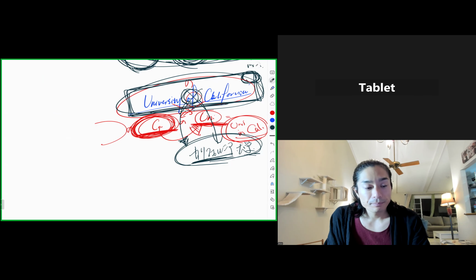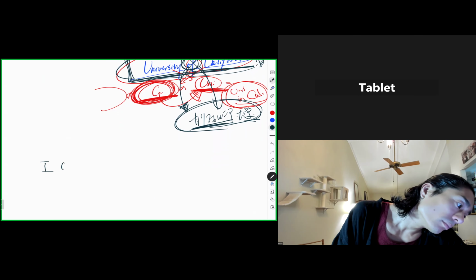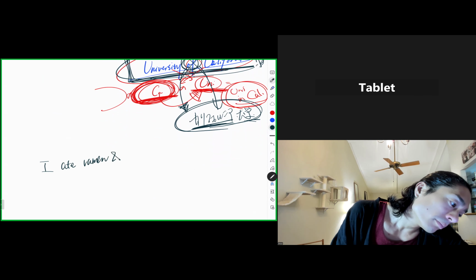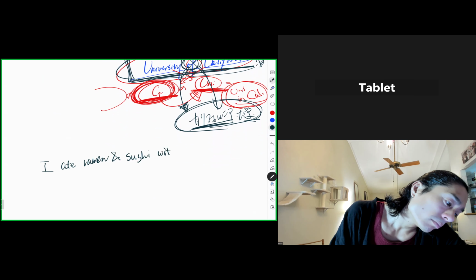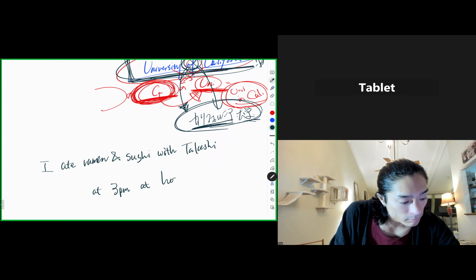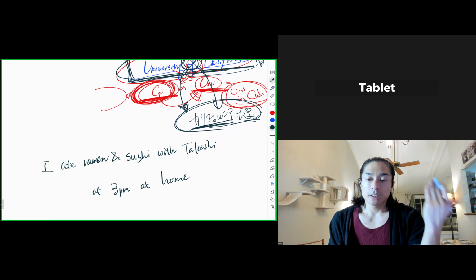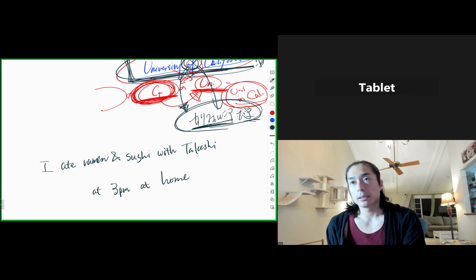I'll show some examples. Okay. So, an easy way to translate English sentences into Japanese sentences.